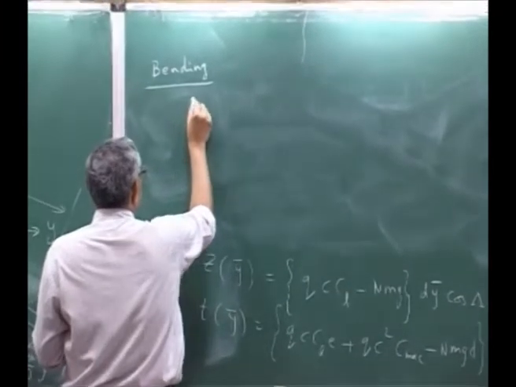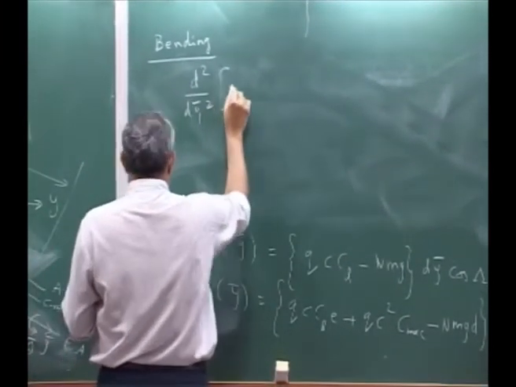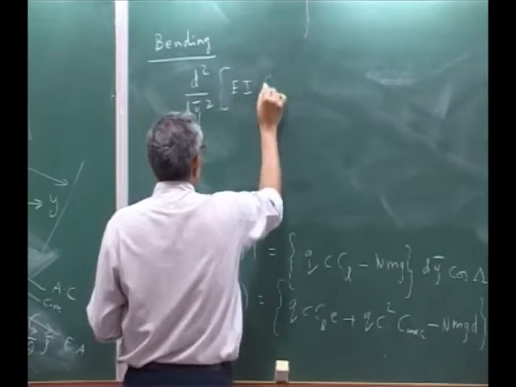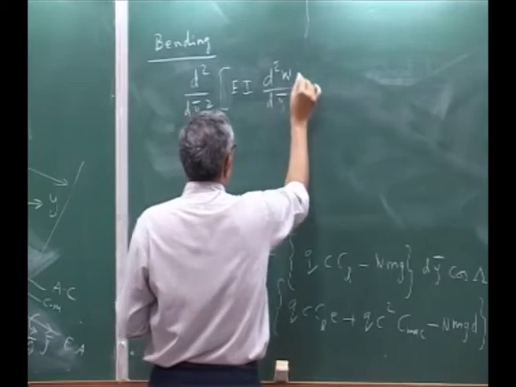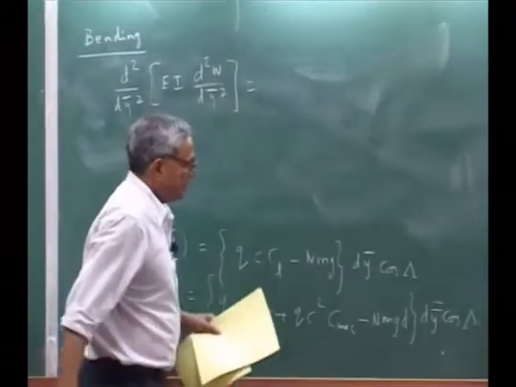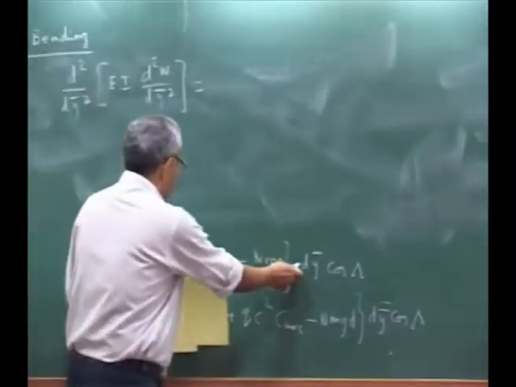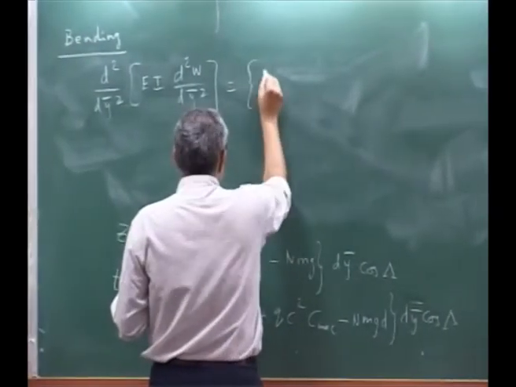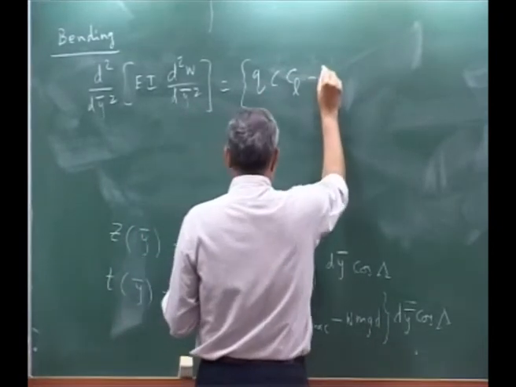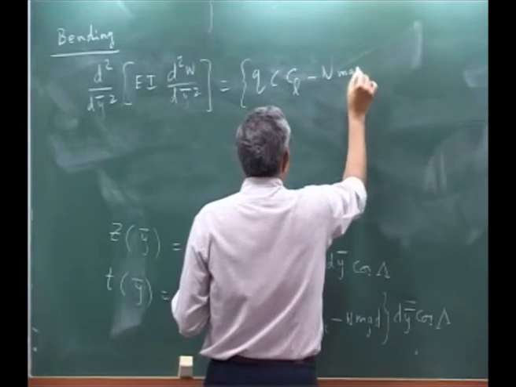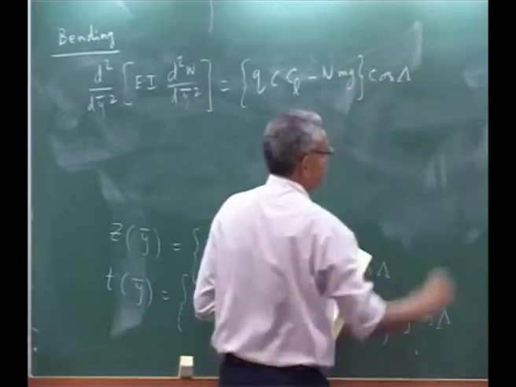You will have d square over d y bar square of EI d square w over dy bar square equals, first term is z bar y bar, that is nothing but this per unit length. You will have q c CL minus n mg cosine lambda.